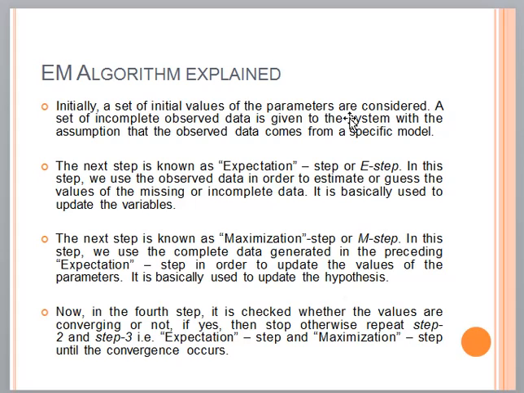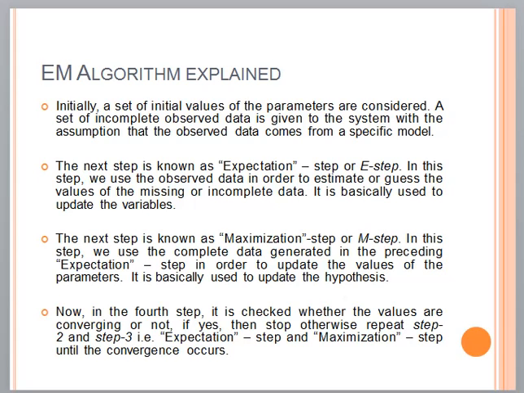Initially, a set of initial values of the parameters is considered. A set of initial observed data is given to the system with the assumption that the observed data comes from a specific model. The next step is known as the expectation or E step. In this step, we use the observed data in order to estimate or guess the values of the missing or incomplete data. It is used to update the variables, right?